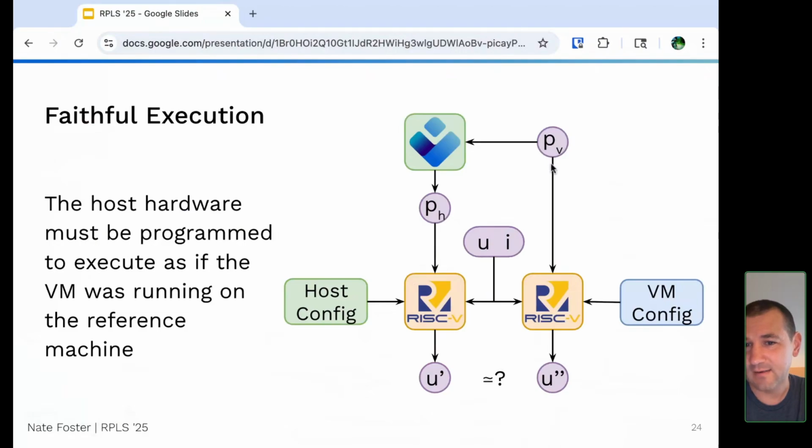And we want it to be the case that no matter which of these two paths you followed, so here is the reference machine where we just have the virtual program running in a regular RISC-V context with this privileged state, the final state that it produces should be equivalent to what happens where the hypervisor is actually configuring the host state, possibly taking several steps, and then running that through the host machine.